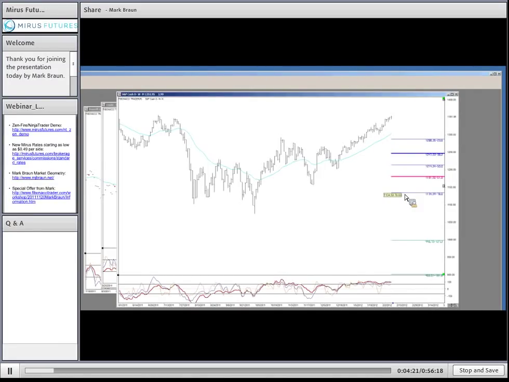How do I know which level is going to hold and which level is not going to hold? Well, you don't. What you do is you look at the level being hit, and then you use some sort of momentum indicator with a very clearly defined trigger to tell you that it's going to hold. The fib level tells you where. The indicator that you're using, for me that's CCI, tells you that it is holding.